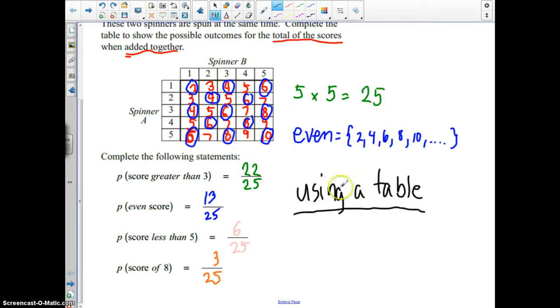So this is ideal to be used whenever questions like these will be asked for you to do. The total scores when added together, something like that, which should make you realize that you must use a table. Alright, that's just a piece of advice from me.